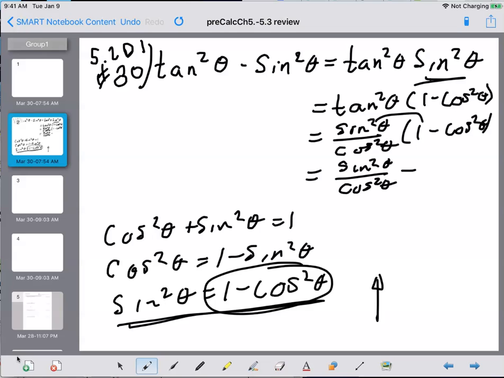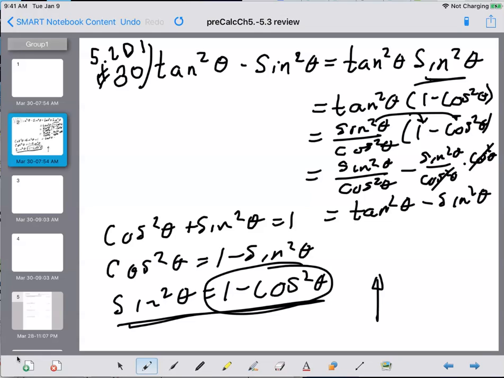Minus, remember I'm multiplying it there and there. Minus, now keep in mind, I'm going to have sine squared theta divided by cosine squared theta times cosine squared theta. Cosine squared thetas will cancel, and now this sine squared theta over cosine squared theta is tangent squared theta minus sine squared theta. So that's the left side.